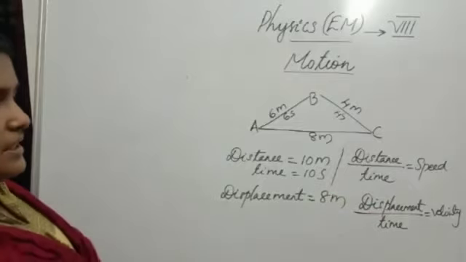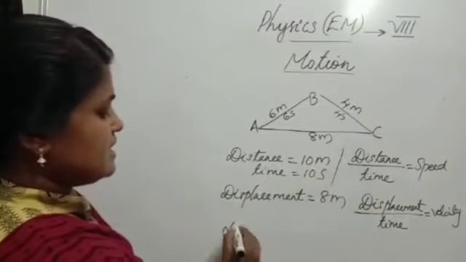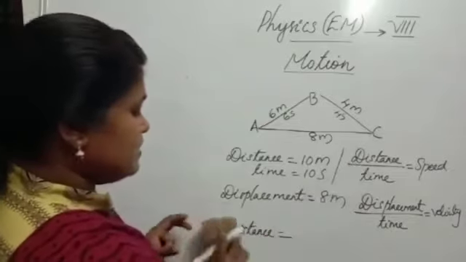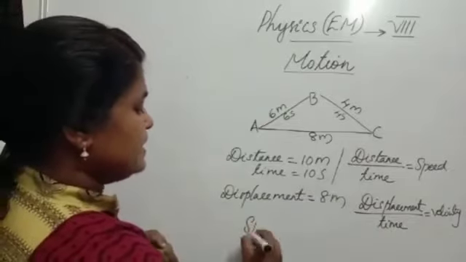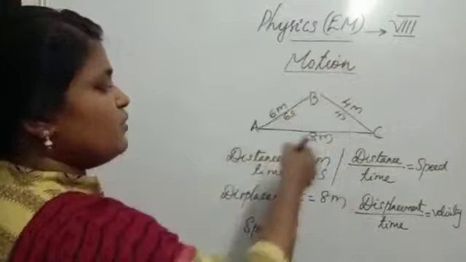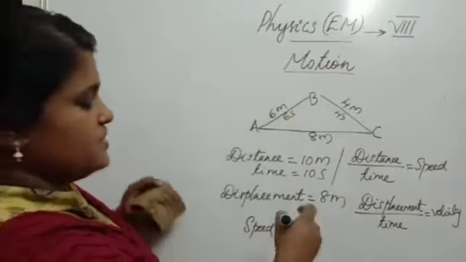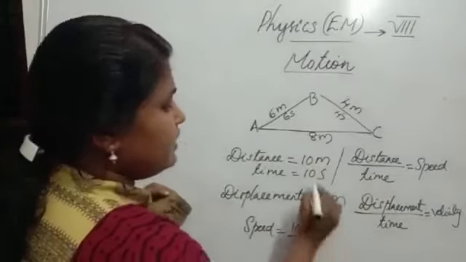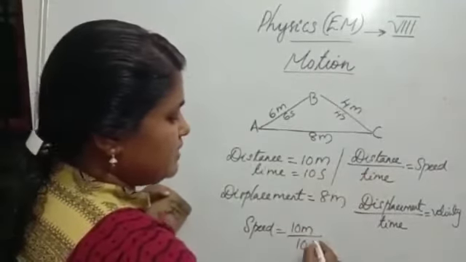Then how we can measure that? In this case, how we can calculate the speed of the object? Speed is equal to distance 10 meter divided by time taken 10 seconds.